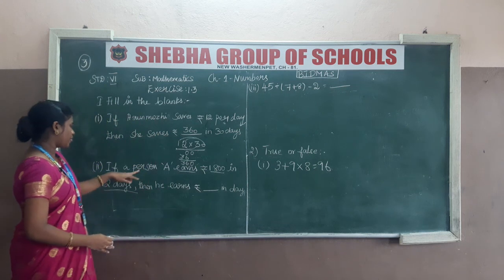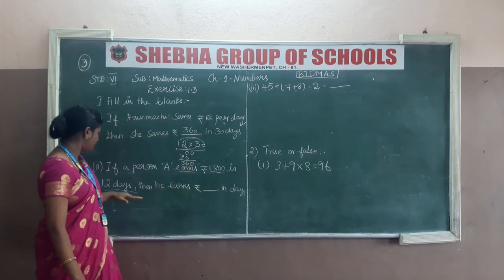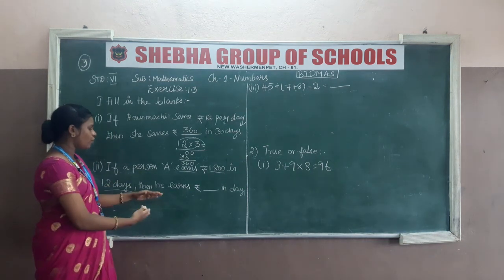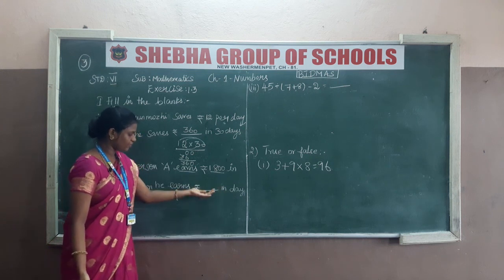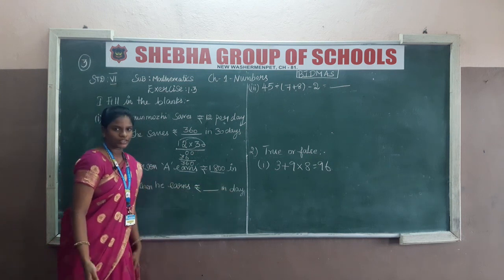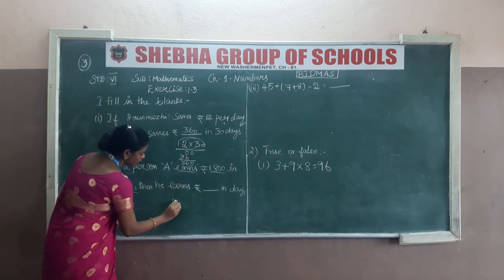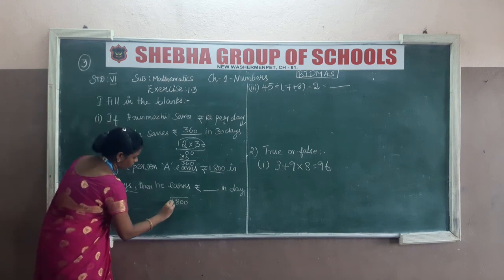So a person earns 1800 in 12 days. We have to find how many rupees there are in one day. Okay, we have to divide the numbers: 1800 divided by 12.